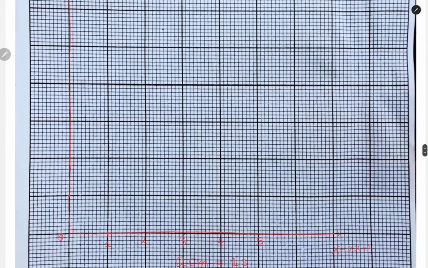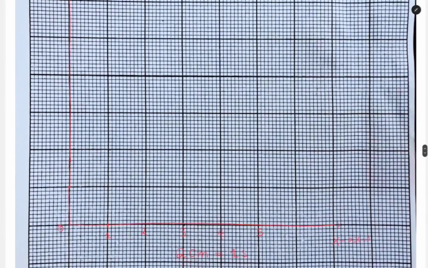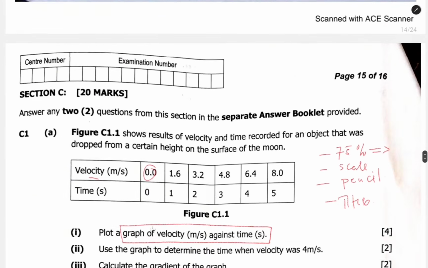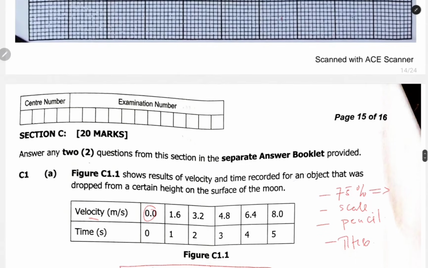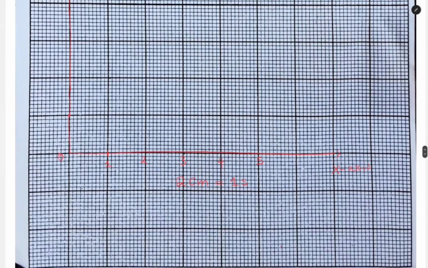Okay. Then what about on the y-axis? So on the y-axis, I see my highest number is 8. So I can choose to put even a 2 centimeter to represent 2 meter per second. But if I put 1, is it going to sustain me?